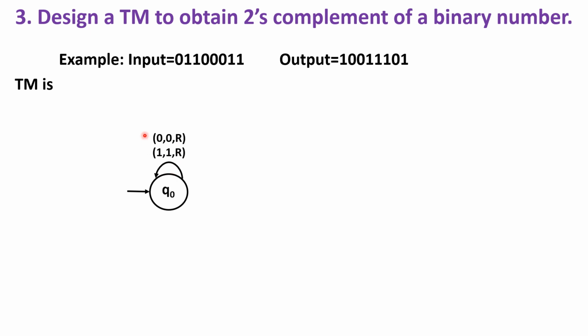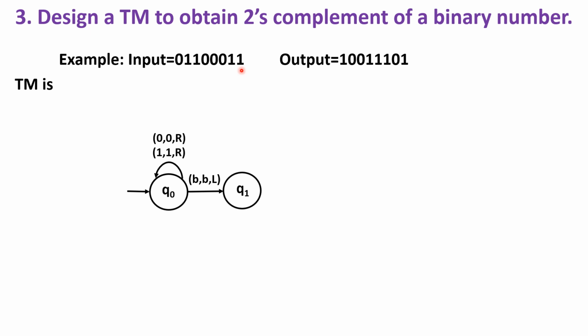Keep them as it is, go on moving towards the right until we come across a blank. Once we come across a blank, keep blank as it is, go to the left. And your state Q1 will be pointing to the rightmost symbol.